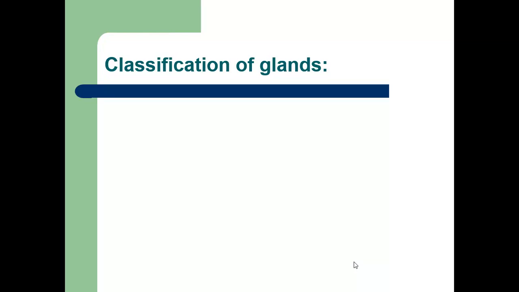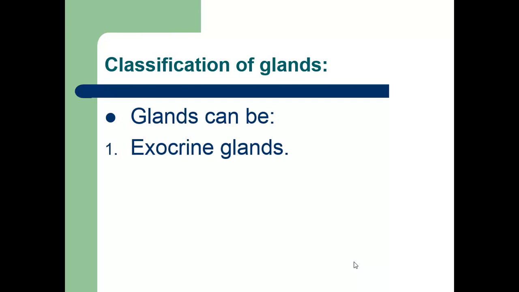How do we classify glands? Glands can be exocrine glands or endocrine glands. On the basis of the presence or absence of ducts, we classify glands into two broad classifications: exocrine and endocrine.